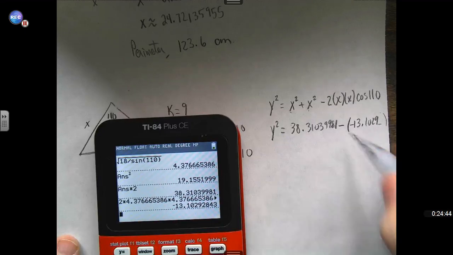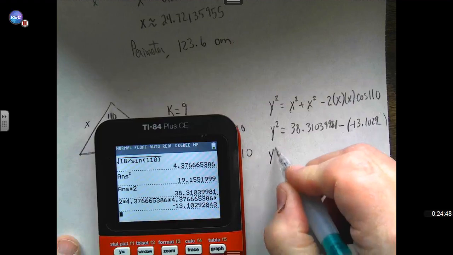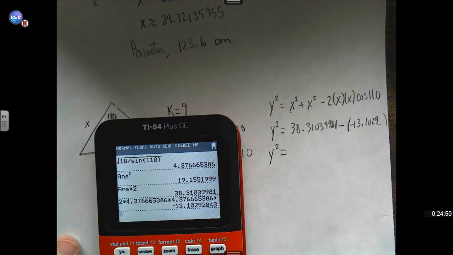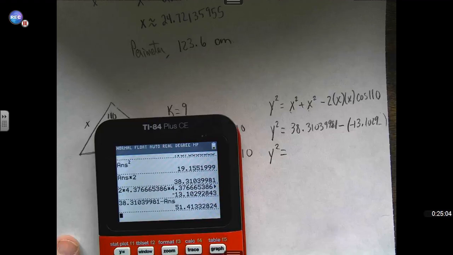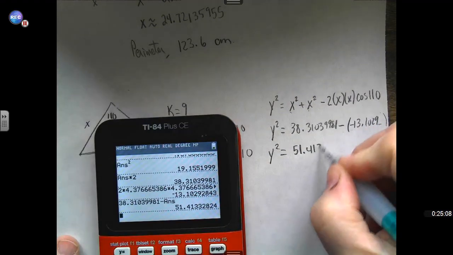And so subtracting that negative, I'm actually going to be adding those together. And so I get 38.310399981 minus that answer is 51.4133.